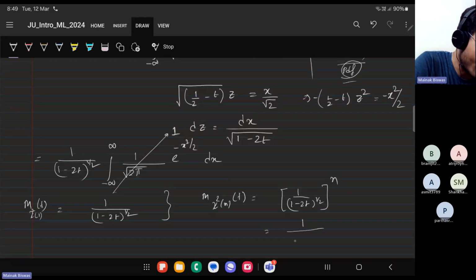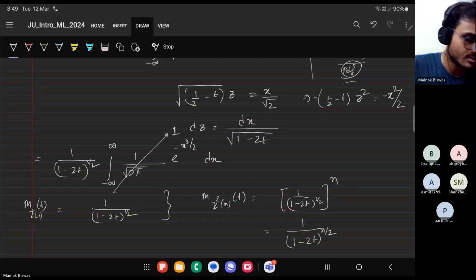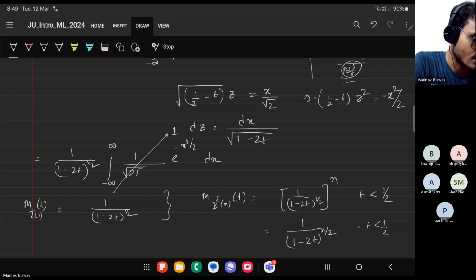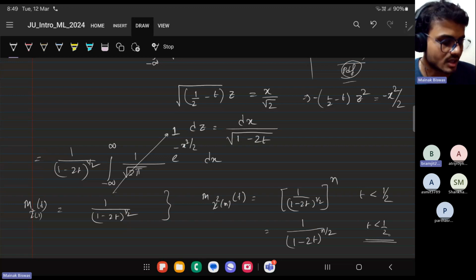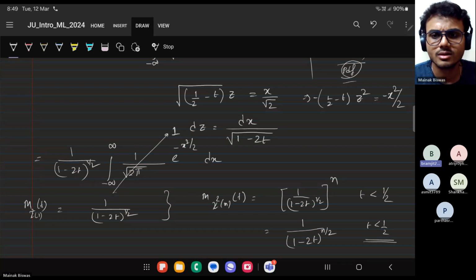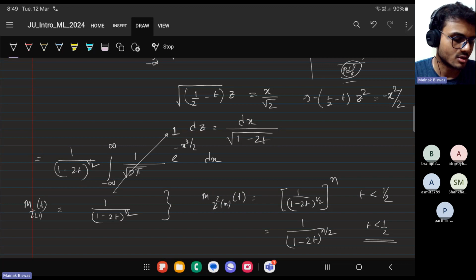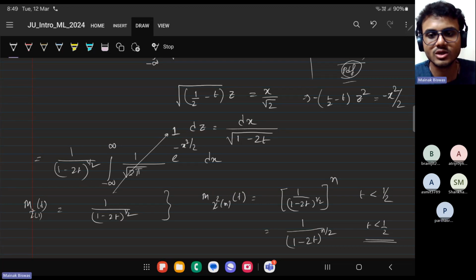There is a condition for t here. What will the condition be? T is not equal to half. Is it greater than half, or less than or equal to half? The equals will not hold, because it goes to infinity. So equal I have not put.